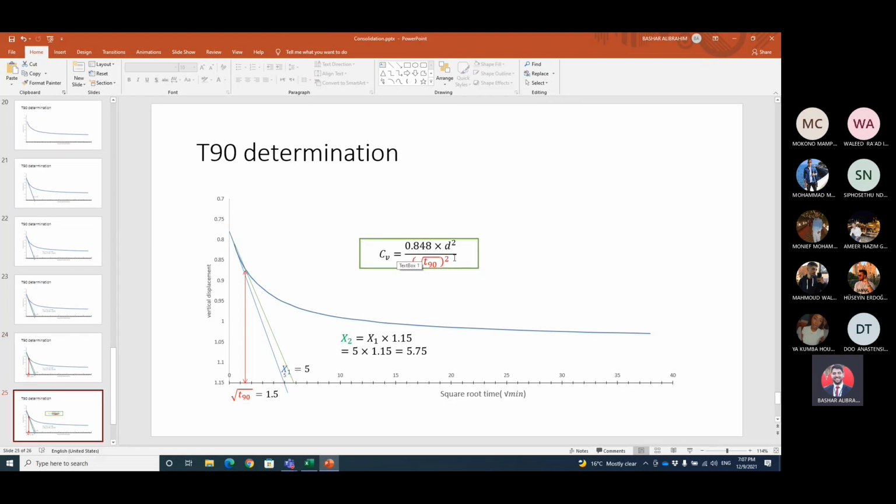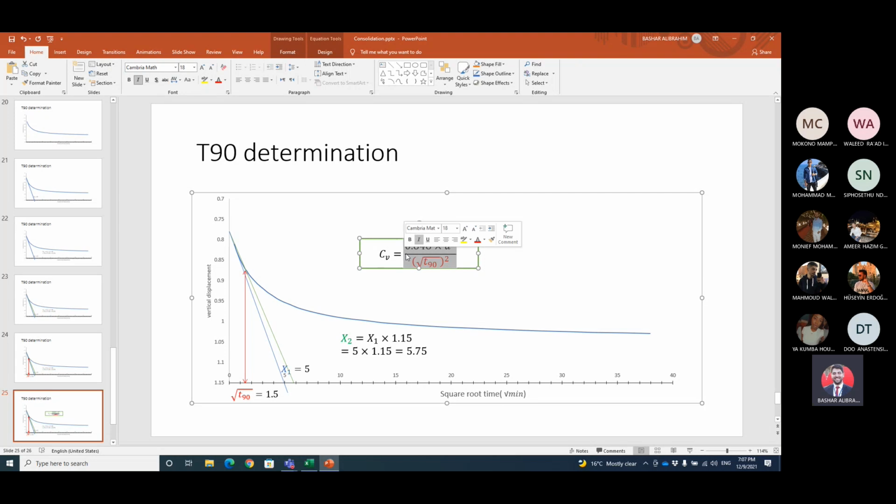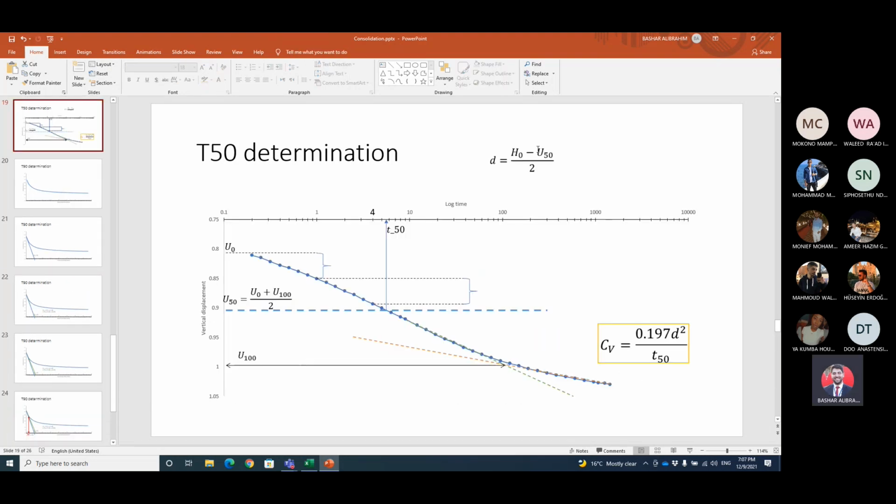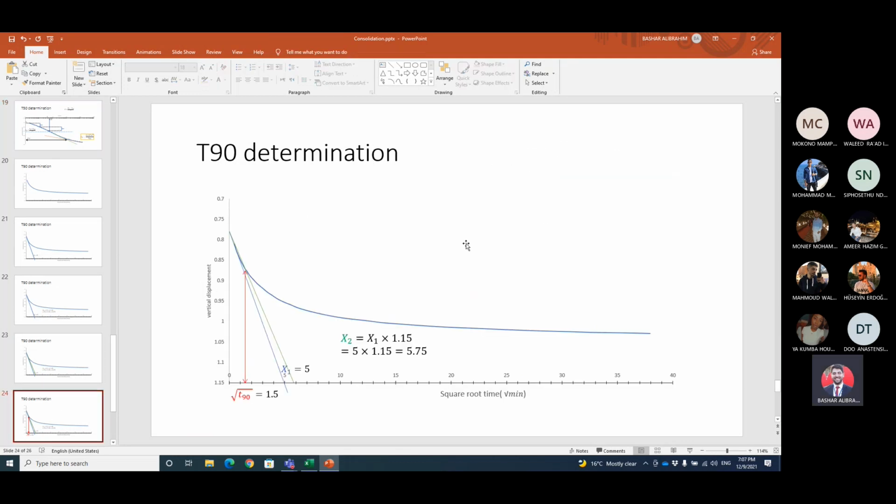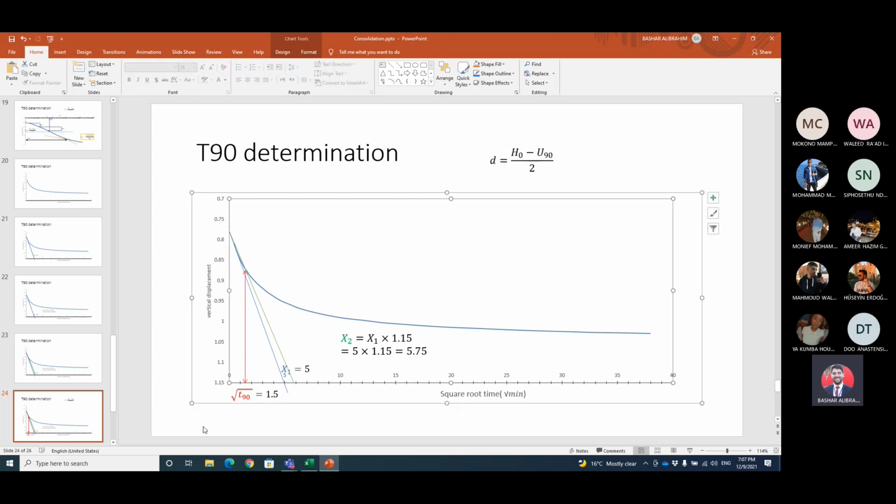Then you use the formula. Okay. So again here D is the same, but here we use U90. Okay. U90 is here wherever it touches.